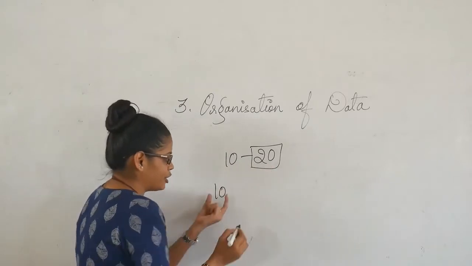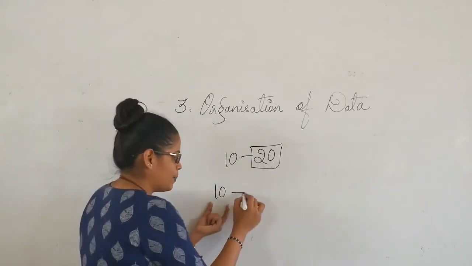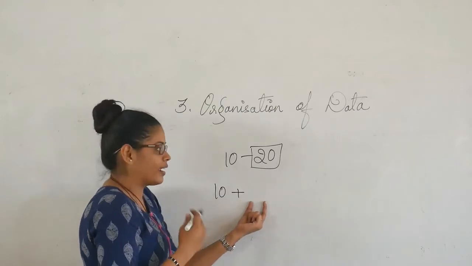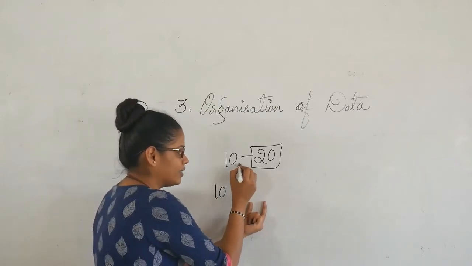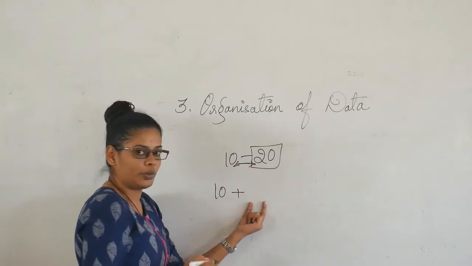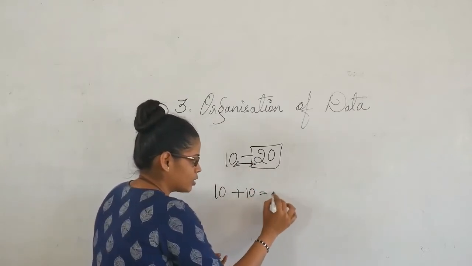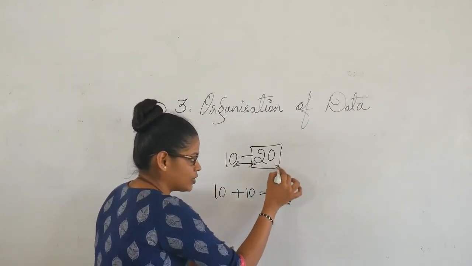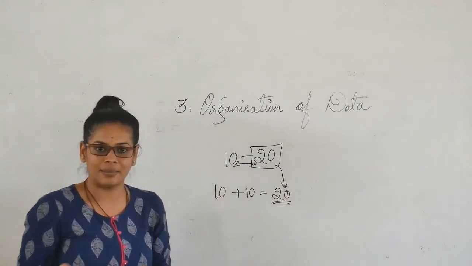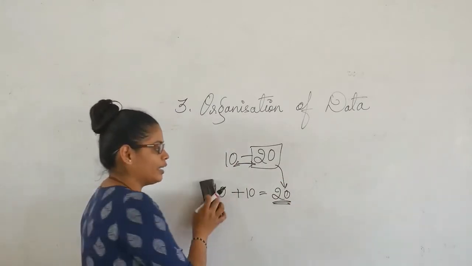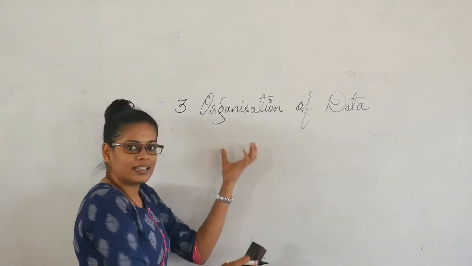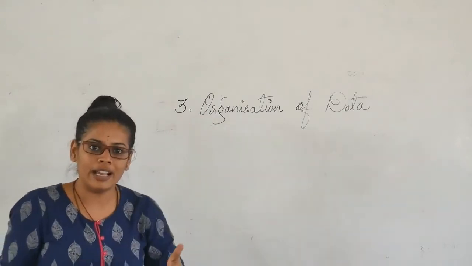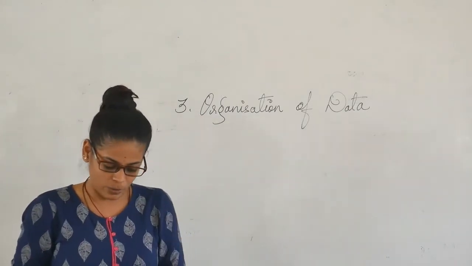It is 10, which is the lower class limit, plus the class interval. The class interval is nothing but the range between 10 and 20, which is 10. So you get 20, which is the upper class limit. This is how we calculate the upper class limit, and we continue this for all the class intervals.